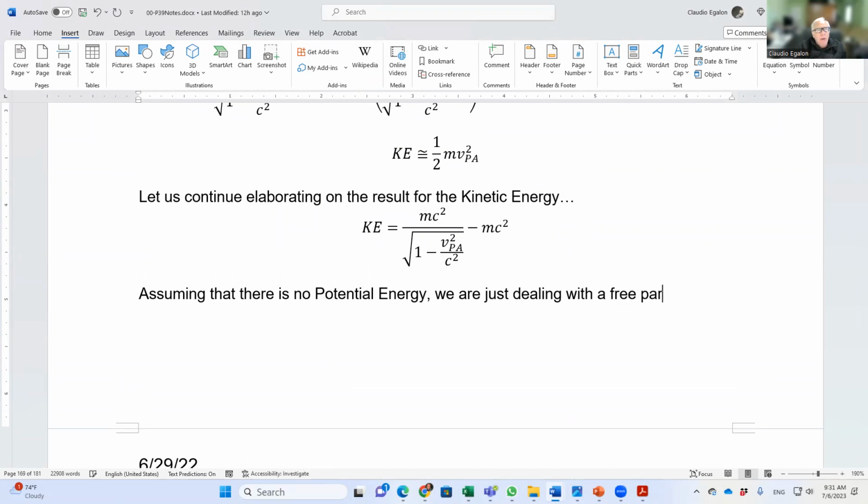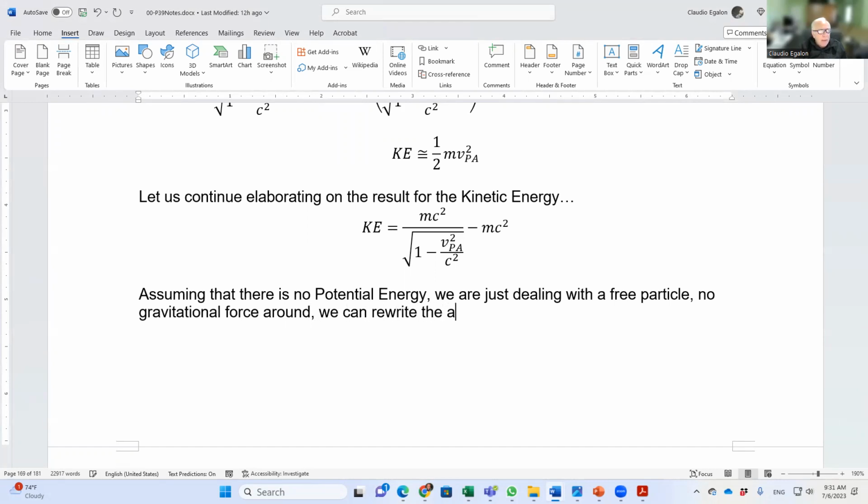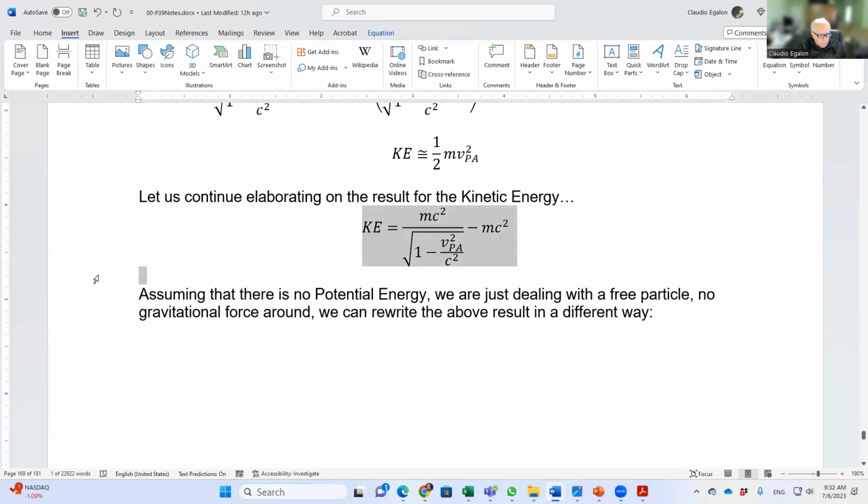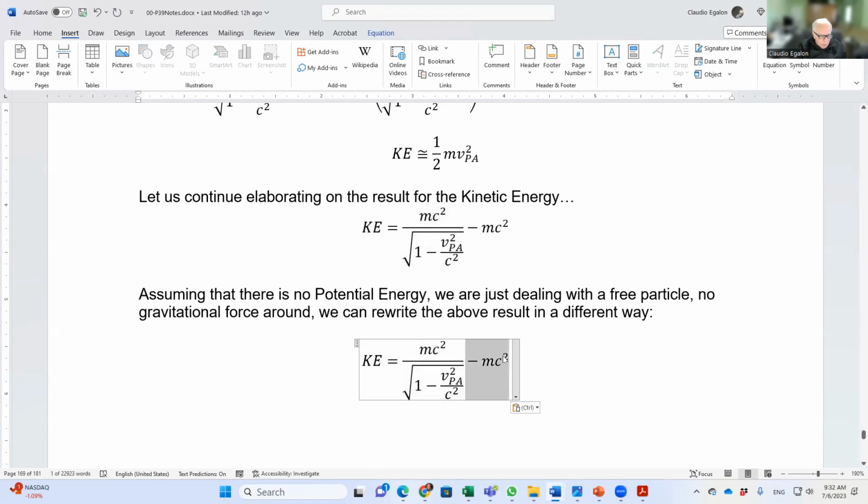No gravitational force, okay? No force around. We can here write the above result in a different way. What is negative here will become positive on the other side of the equation.